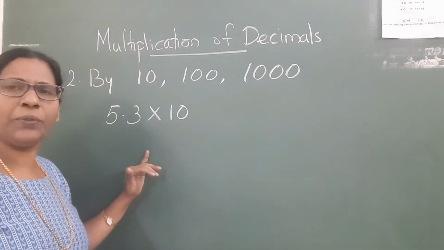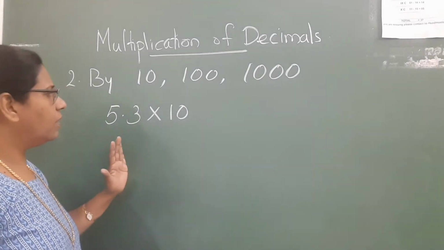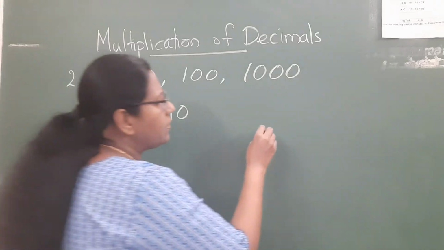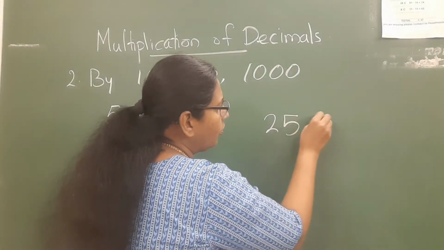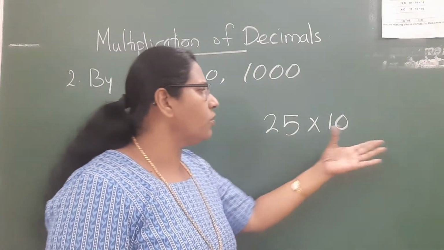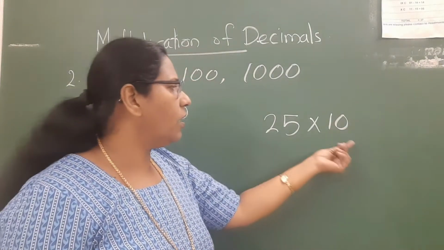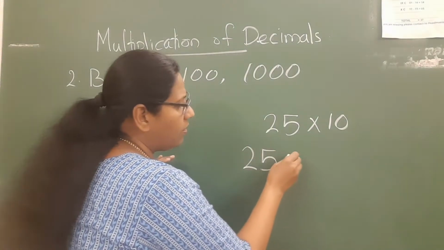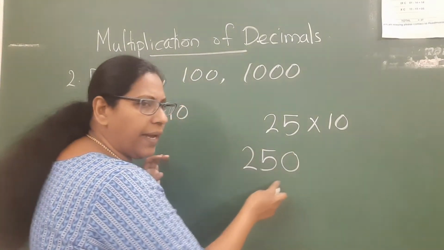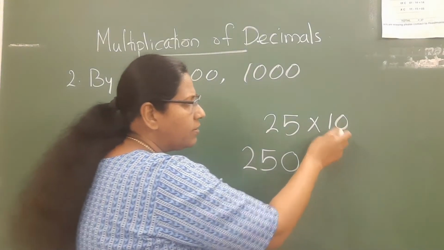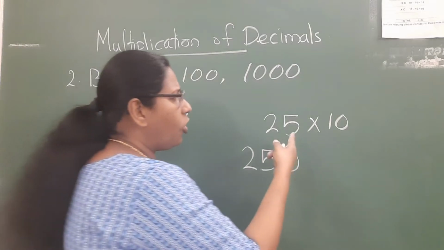In short, if it is, for example, 25 into 10, we don't go and do multiplication. We just write 1 0 on the right side of 25, because it is multiplied by 10. So we already know this.